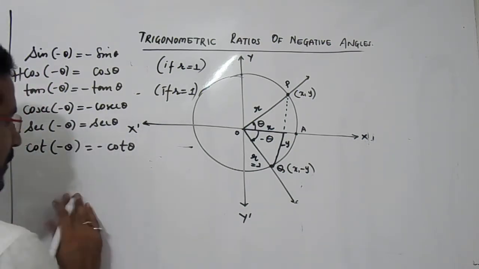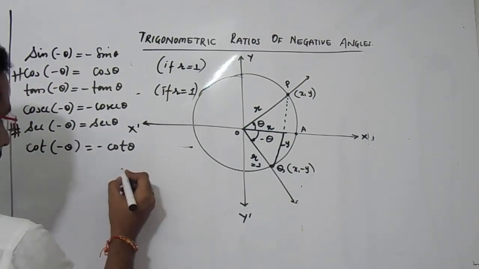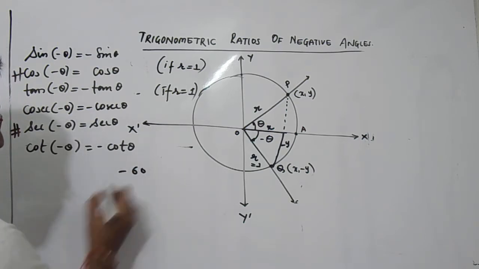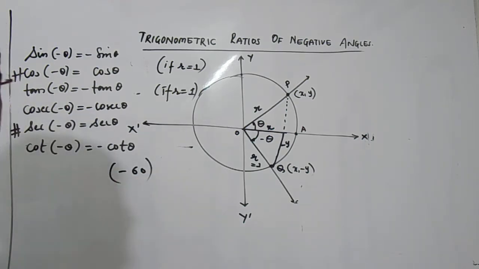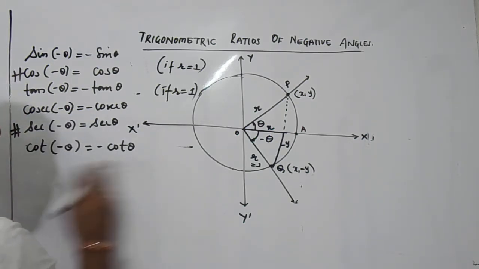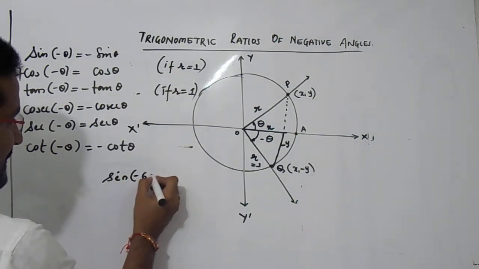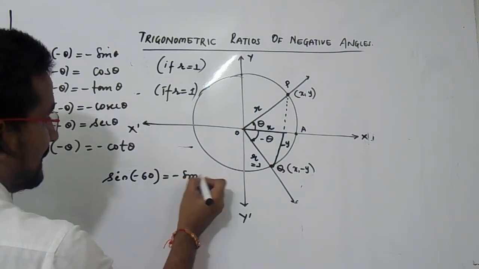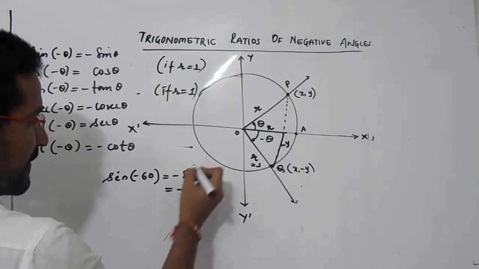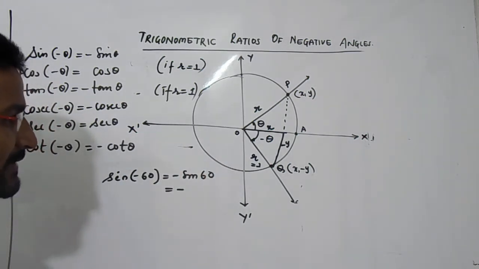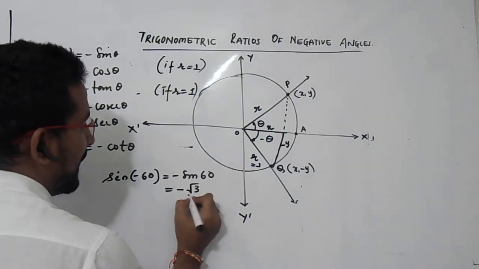If you want to find, for example, the trigonometric functions of minus 60: sine of minus 60 will be equal to minus sine 60. We have already studied that sine 60 is root 3 by 2.